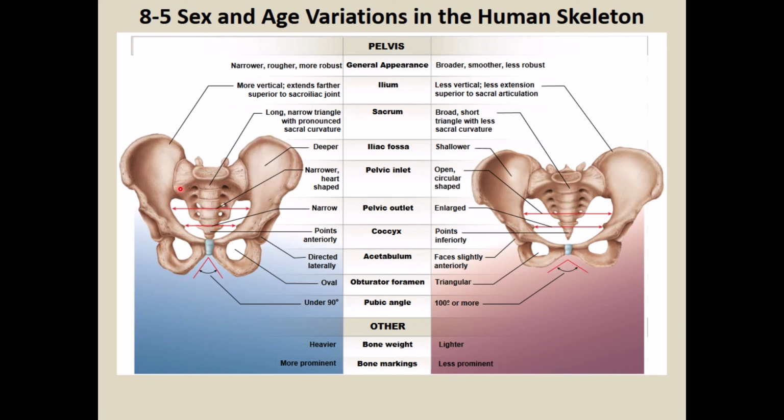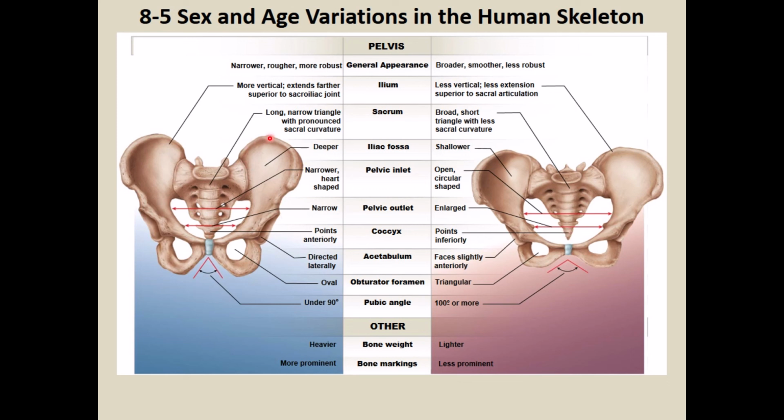So in the male, overall, the pelvis is taller and the bony prominences are rougher and more prominent. Compared with the female, the bony prominences are less prominent, and the pelvis is broader and less tall than in men.